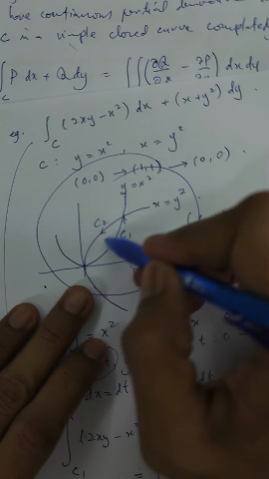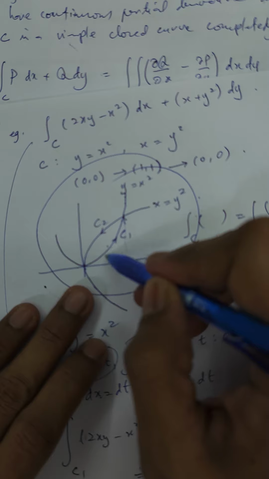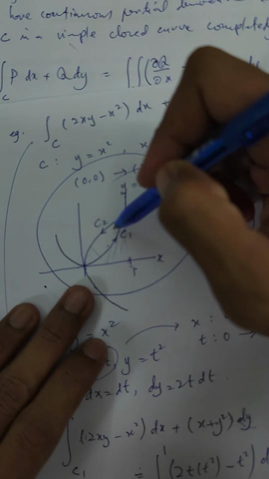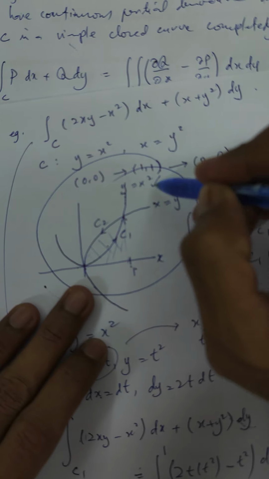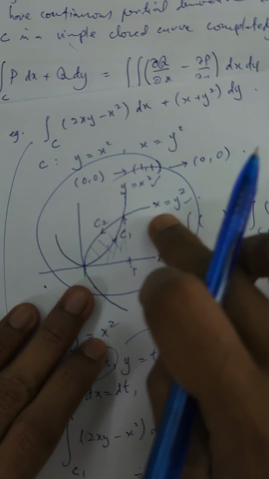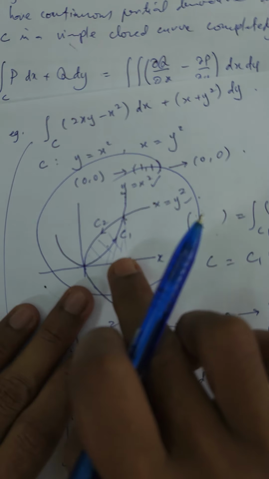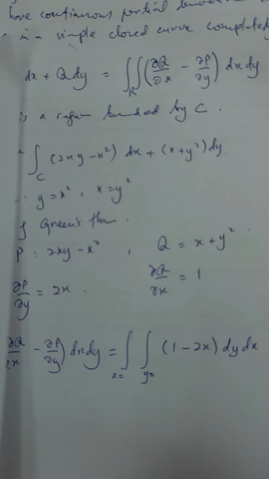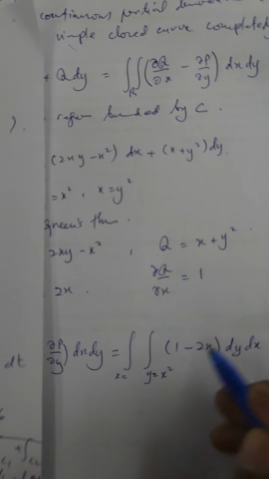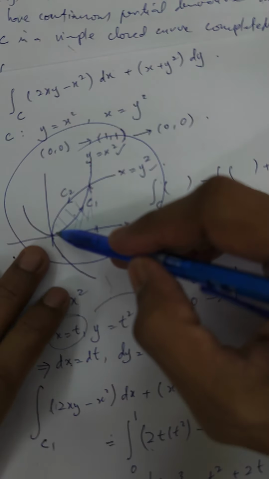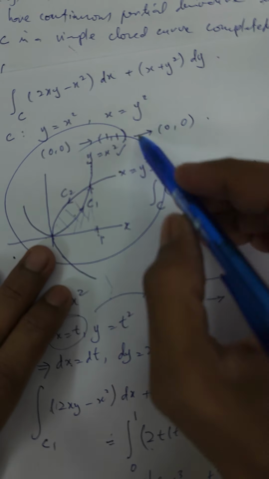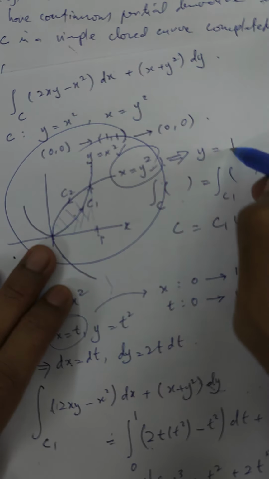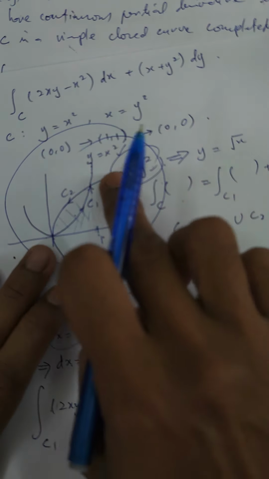If you look here, the area for this is smaller than the area for that. So this is the bigger function and this is the smaller function. So y goes from x squared to this function C2, which you can write as y equals the square root of x, positive, because this is the positive part.